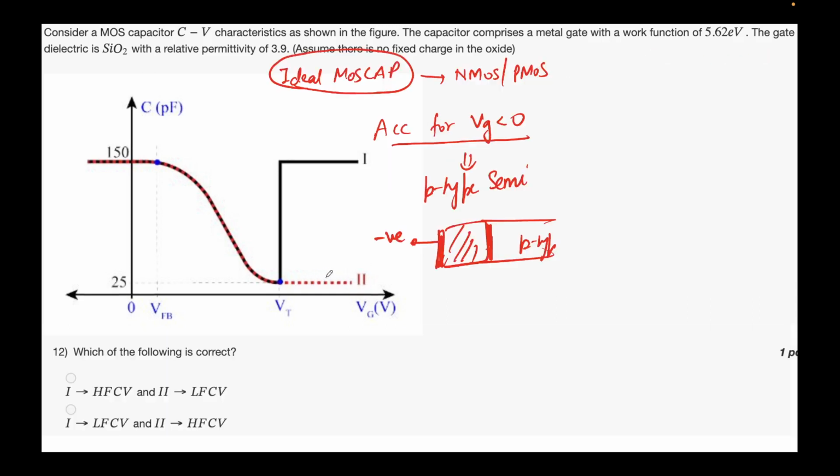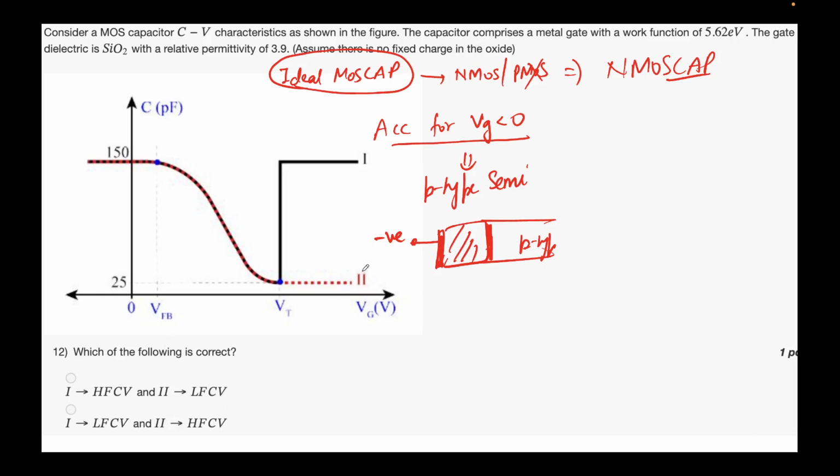We have seen this diagram plenty of times. So first, is it an NMOS or PMOS? It's not a PMOS, it's an NMOS cap, and we are assuming it to be, for this part at least, no fixed charge, at least partially what we say ideal, maybe not completely, let's see.